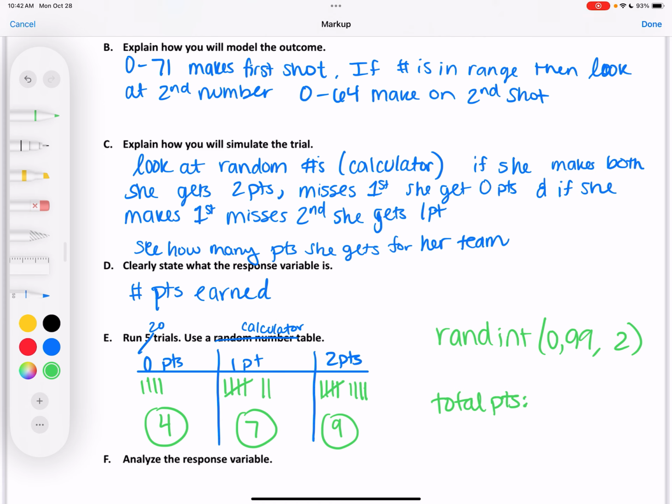And then once you do that, calculate how many total points she got. However many times she got 2 points, multiply that number by 2, and then add it to however many times she got 1 point.